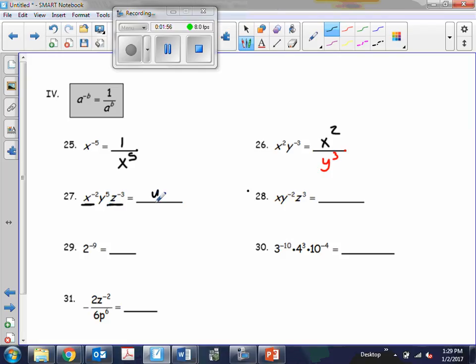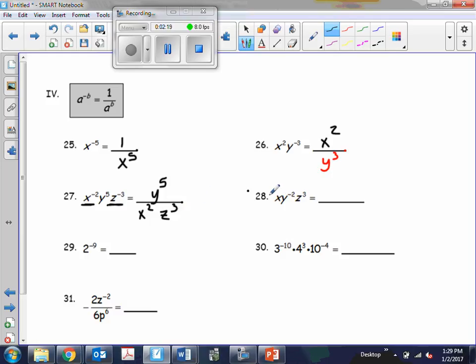So my y to the 5th is going to stay in the top, but my x to the negative 2 is going to go down below and become x squared. And then my z to the negative 3 is going to go down below and become z to the third. So my answer here is y to the 5th divided by x squared z to the third.